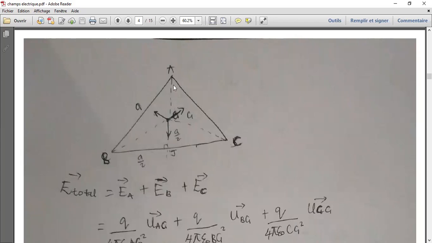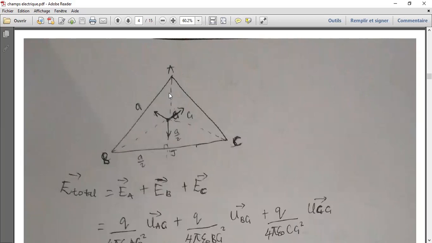So meaning this one is, how can I say it? It's not really A over 2.